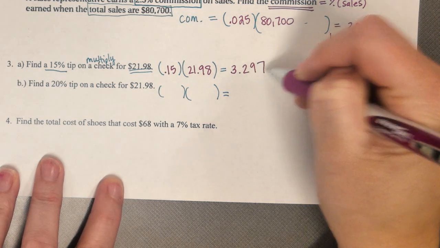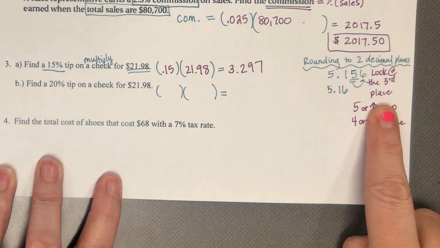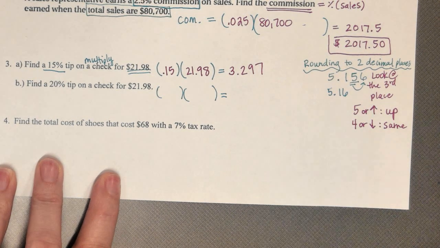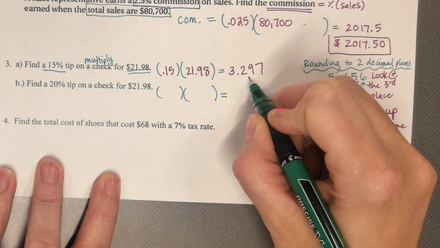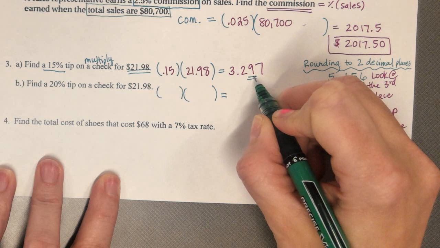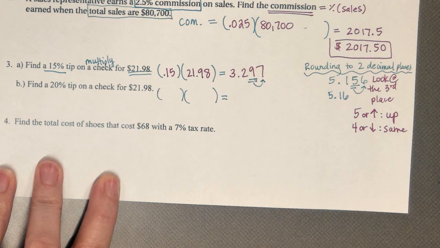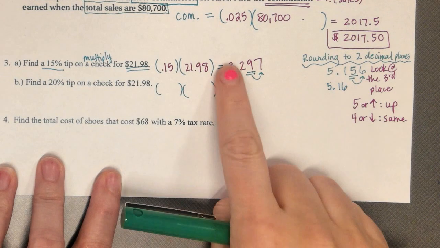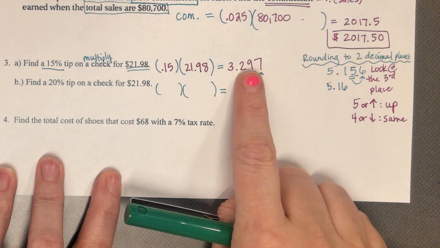Nice. Okay, so we're going to use this rule. Look at the third place. So if I'm going to the third place, I'm looking at this 7. I want to round this place, but it's based on 7. So is the 7 going to round this up or keep it the same?